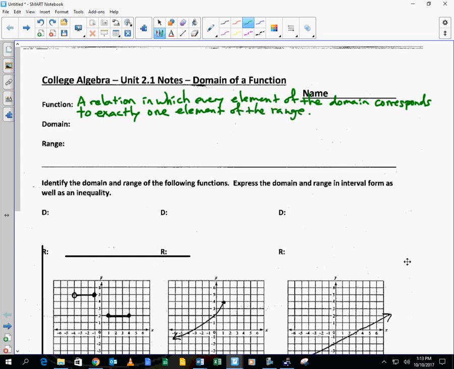So it's very important in your definition that you include domain and range. Domain, for our sake, is going to be the x values, and the range will be the y values. We may think of the domain as the input, and the range as the output.